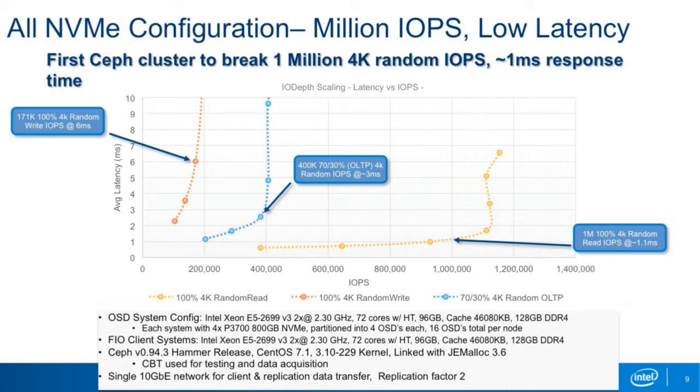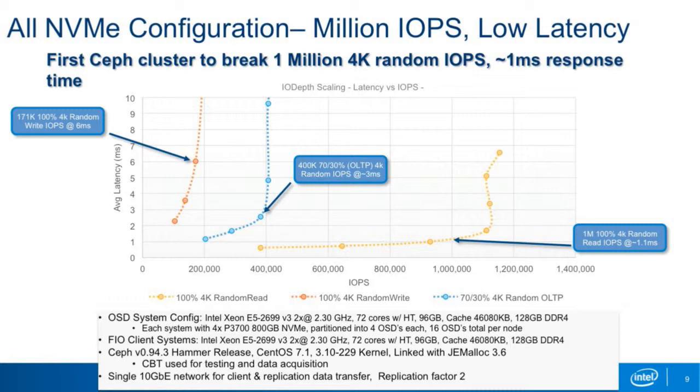This one is all NVMe. We created 5 nodes, and on each NVMe SSD we created 4 OSDs. You can see it achieves 1 million IOPS as well. It's 1.3 million, a little better than NVMe plus SATA SSD. But the point here is the very good latency.